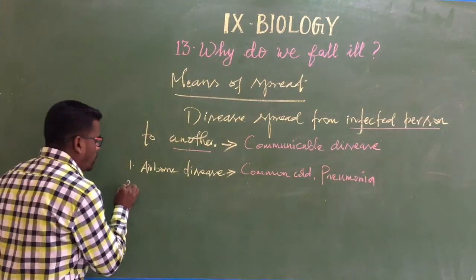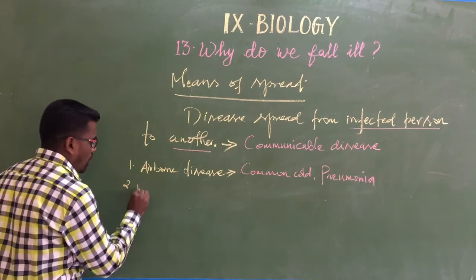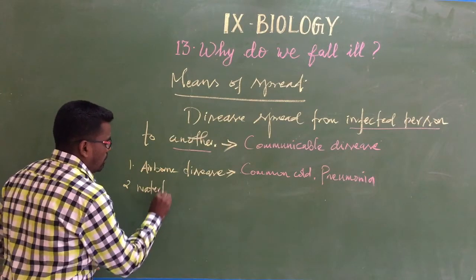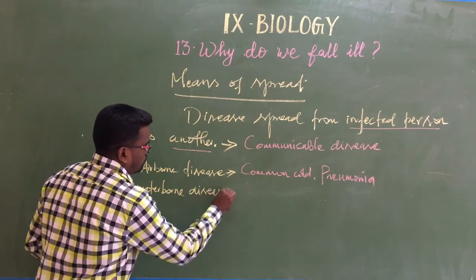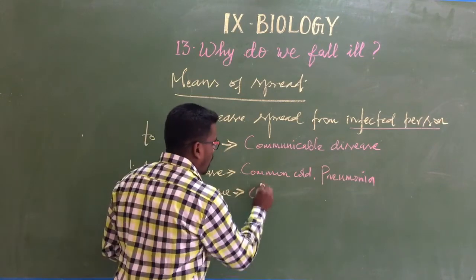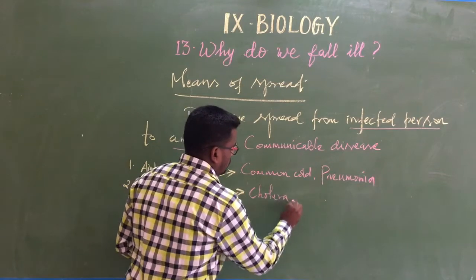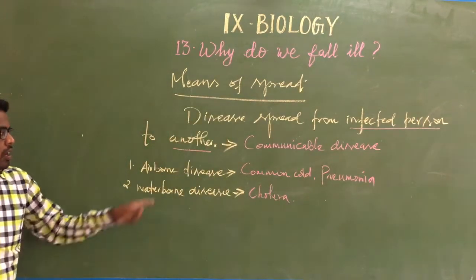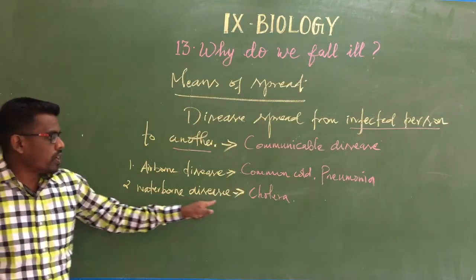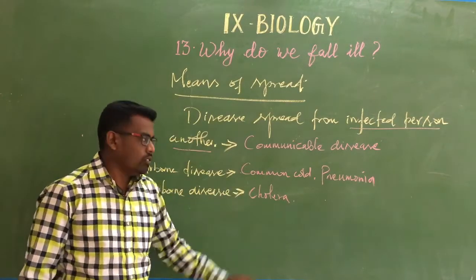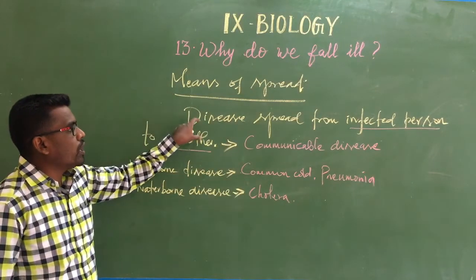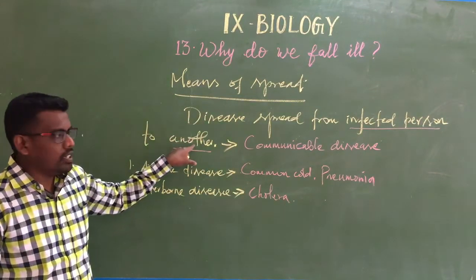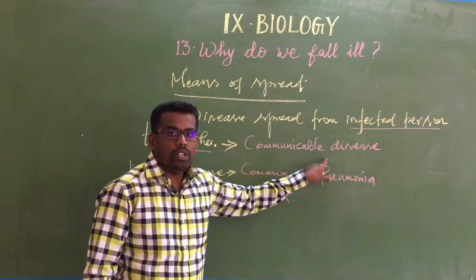And if the disease spreads through water, that is called a waterborne disease. Example: cholera. There are many examples, but these are a few. So when a disease spreads from one infected person to another, it is called communicable disease.